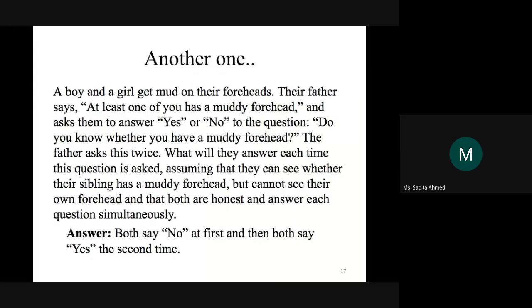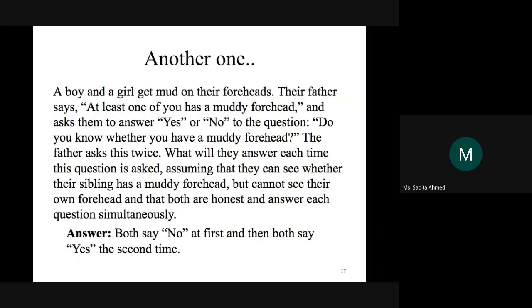Now, what do they know? They know that the other person has a muddy forehead because they can see the other person, but they cannot see their own forehead. What's the other thing that they know? They know that at least one of them has mud. Exactly, they know at least one has a muddy forehead.